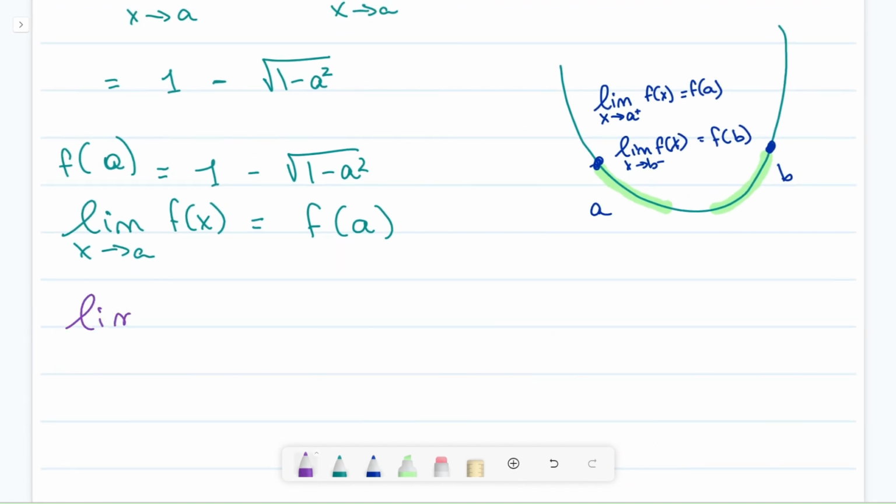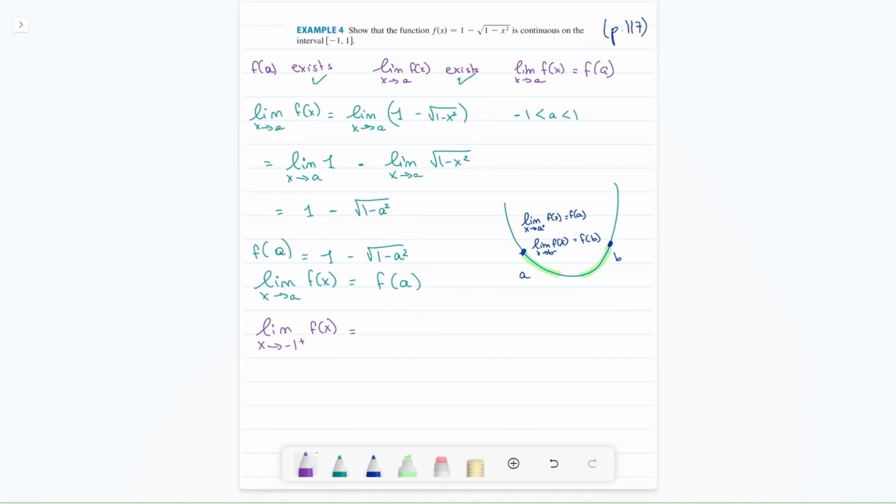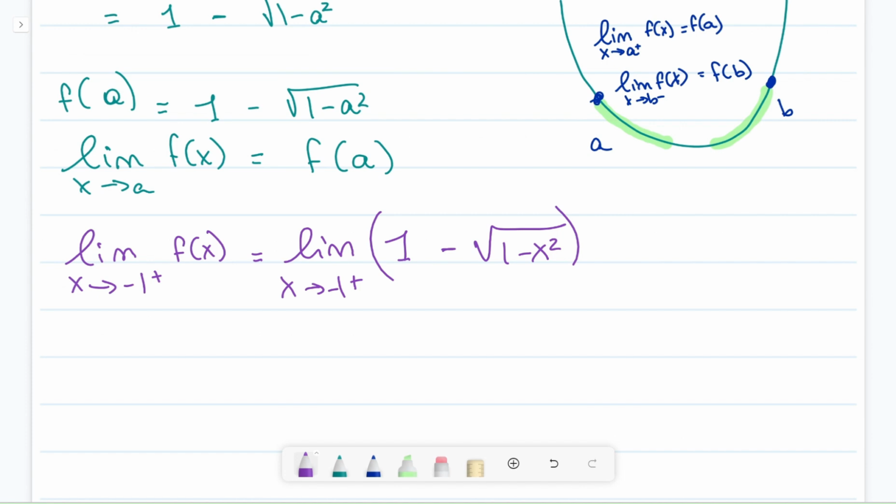Our lowest endpoint on the left is -1. So as we approach -1 from the right, let's compute what we get. This will give us the limit of 1 minus the square root of 1 minus x squared as x approaches negative 1 from the right. In such a case, we can try to plug in to see what we get.